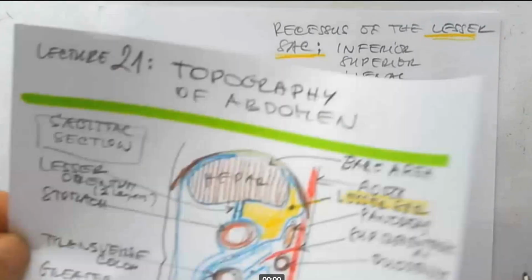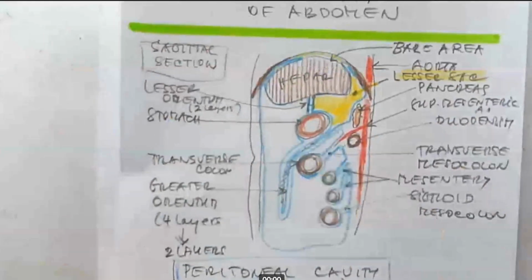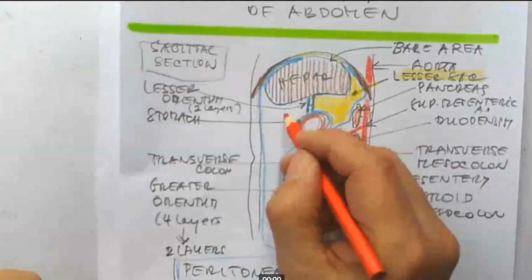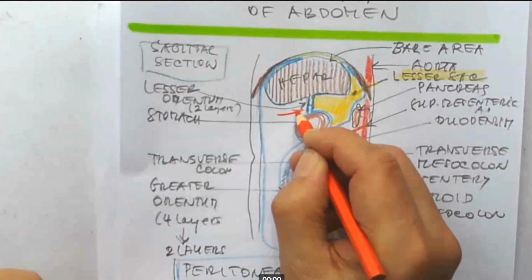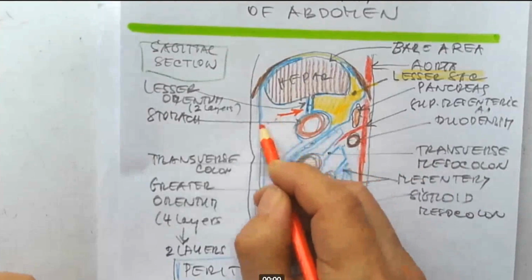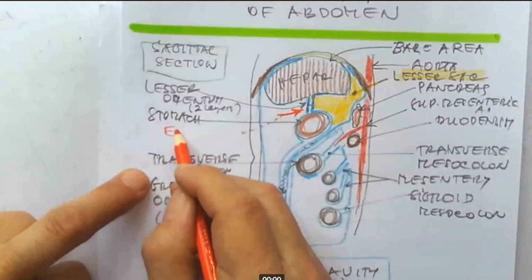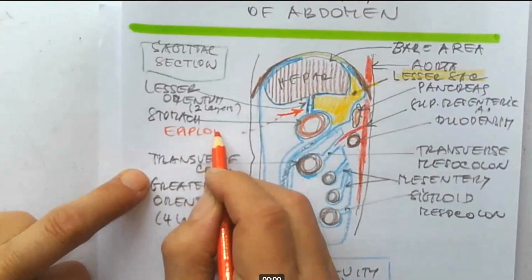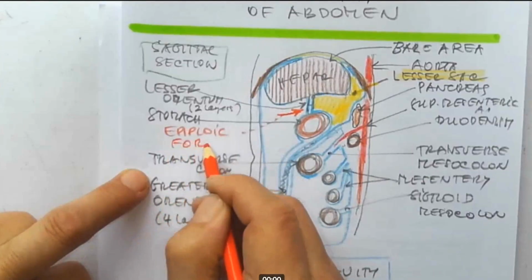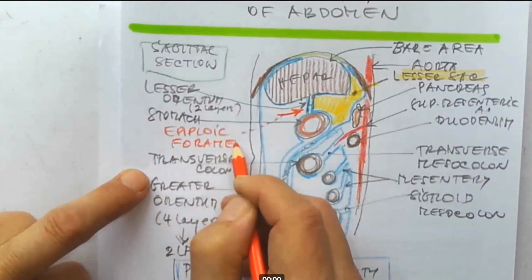The opening I haven't mentioned. This is my mistake. So please return back to the first drawing and add here the obliquely passing arrow. This arrow is called epiploic foramen.